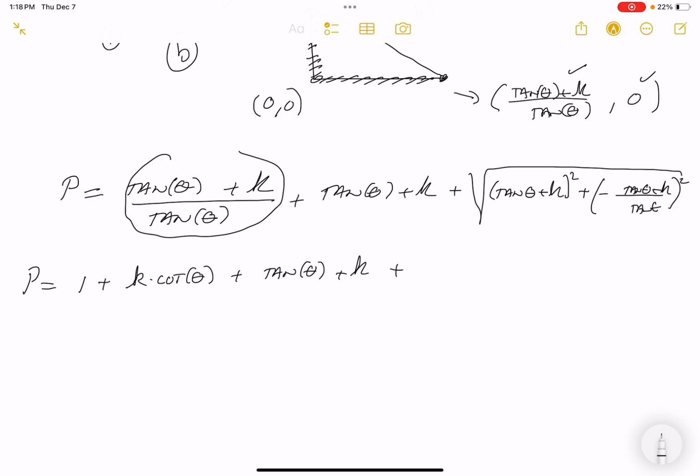Then I got this over here. And I'm noticing about this over here that actually it looks like it might simplify nicely. And the reason for that, it looks like there's a common factor between those two terms. Again, the minus, this just squares off, so it's gone. So I'm really just getting tangent of theta plus k quantity squared times, well, it's going to be 1.